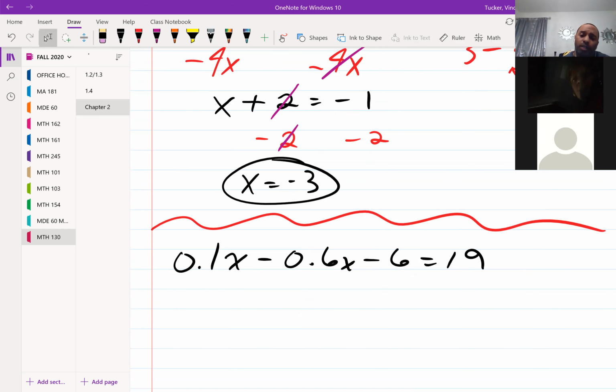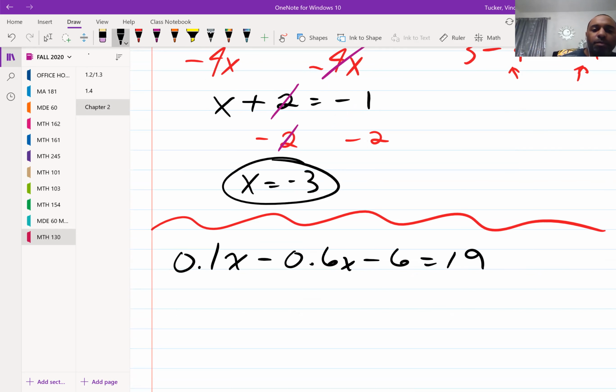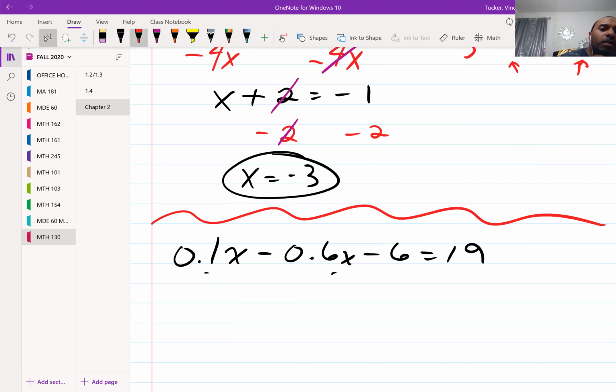Now, if you want, you can keep the decimals involved, or you can clear out the decimals by multiplying each term by, in this case, 10, because we have one decimal place here. It just depends on if you want to go through all that or not. Whatever you multiply one term by, you have to multiply each term by that same thing.